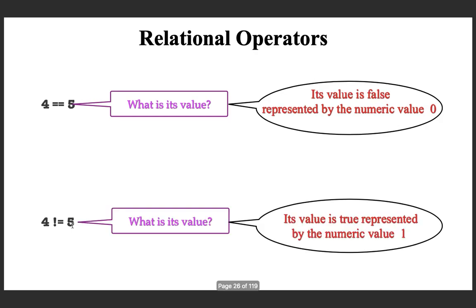And in this case, this must be true. Okay, I have corrected it in this slide. Sorry for the mistake in the previous slide. So this is false because 4 is not equal to 5. And here I am checking whether 4 is not equal to 5. See the operator used for not equal to: exclamation mark followed by the equal to sign. And this is true.